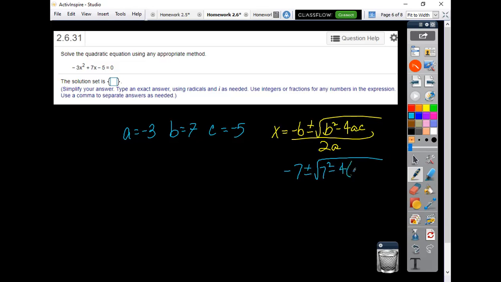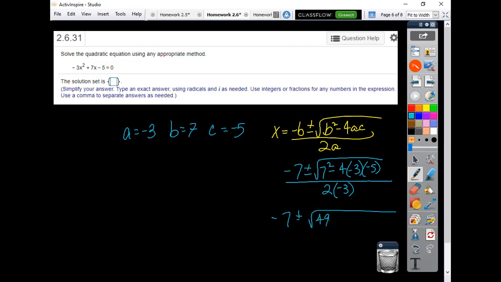I'll write it all out this time for somebody that's still trying to understand where things are coming from in the formula. So b squared minus 4ac, just kind of checking those myself even to see if I think I did it right, all over 2a right there. So the -7 plus or minus square root 49.